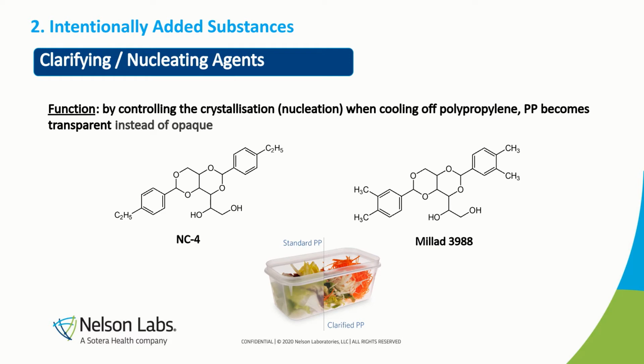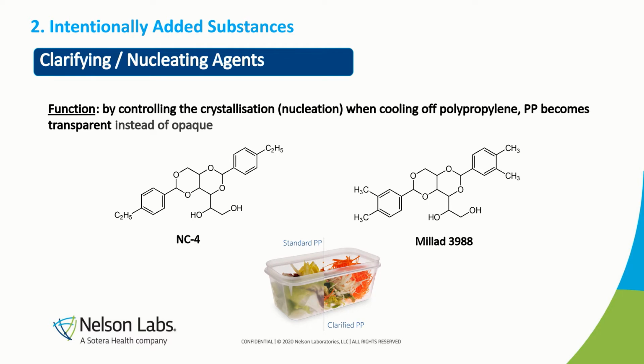Clarifying agents or nucleating agents are those compounds that are added to a polymer to make it more transparent. An example, for instance, is polypropylene. Typically, a box or a container produced out of polypropylene is made through injection molding.